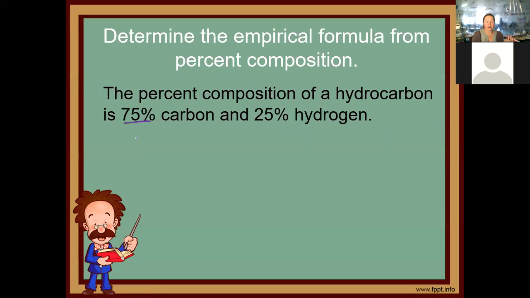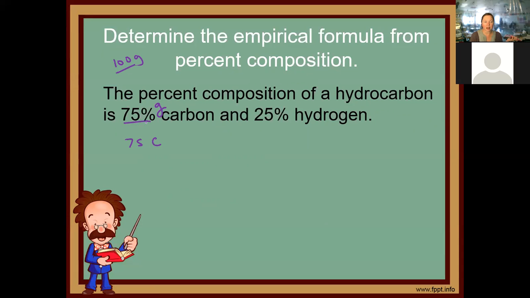So what we're going to do is we're going to take our 75% carbon, and instead of thinking about it in terms of percent, I'm going to think about it in terms of grams. Because if I had 100 grams of this compound, and 75% of it was carbon, that would be 75 grams. We just pretend like we have 100.